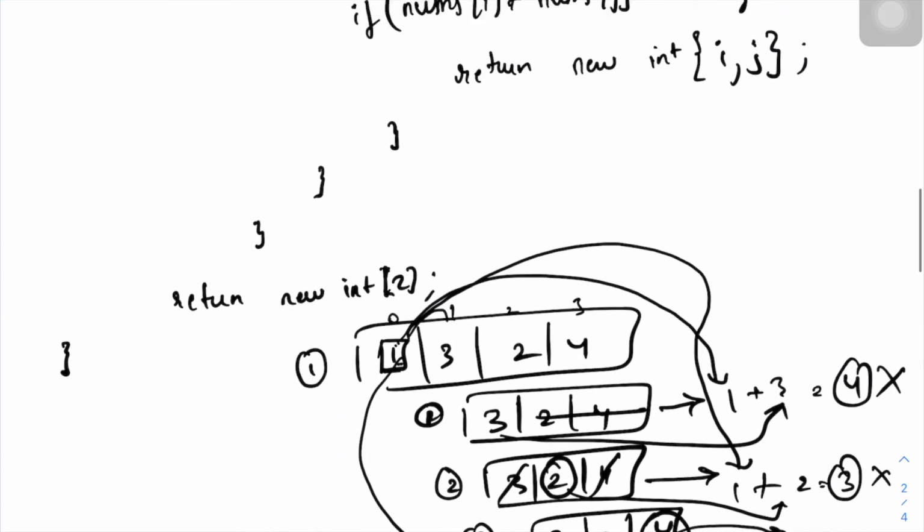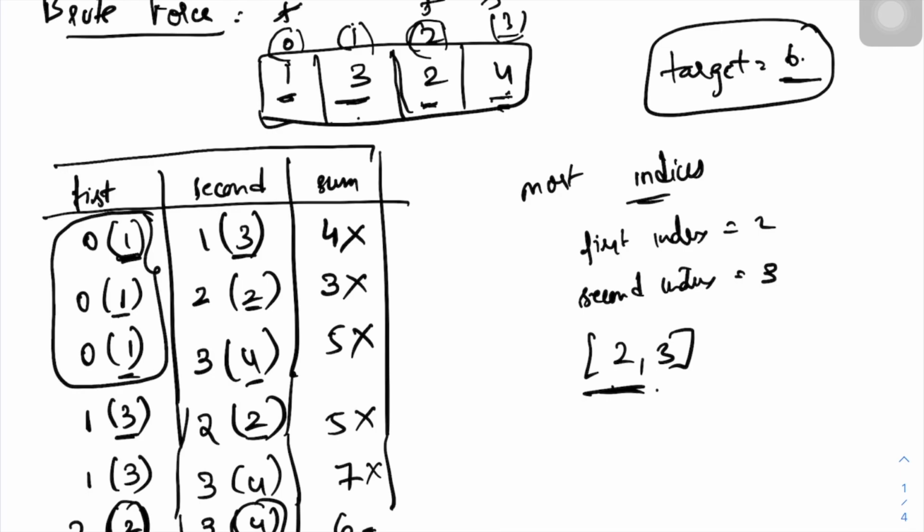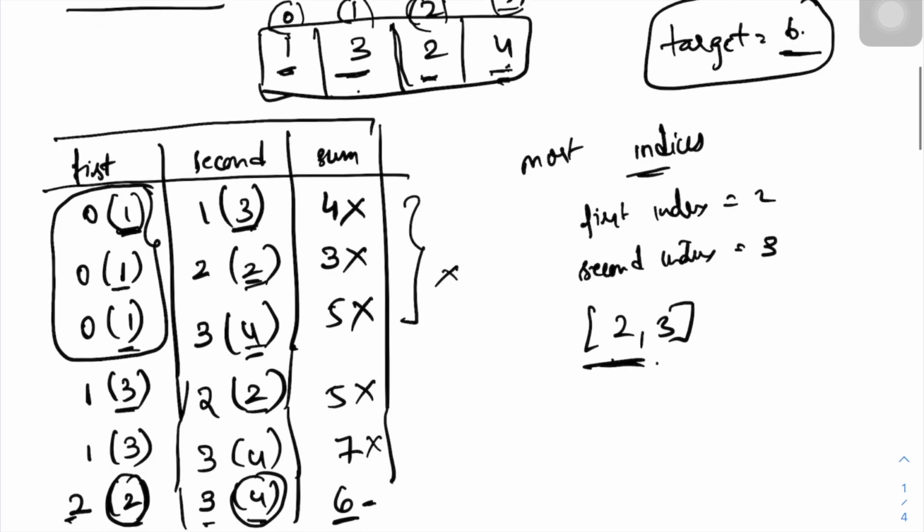If you go back to our analysis here, what do you see? You started with 1 and you fixed your 1 in these 3 cases, and your second pointer traversed to 3, 2 and 4. All these cases didn't yield a proper matching target. So what did you do?